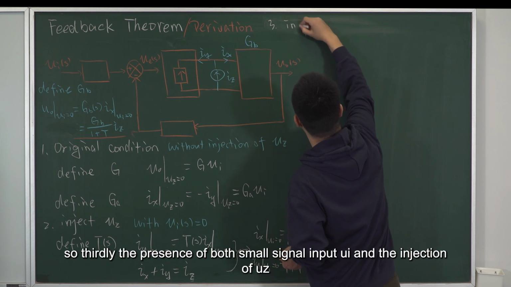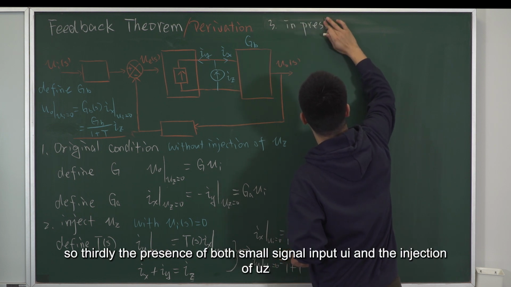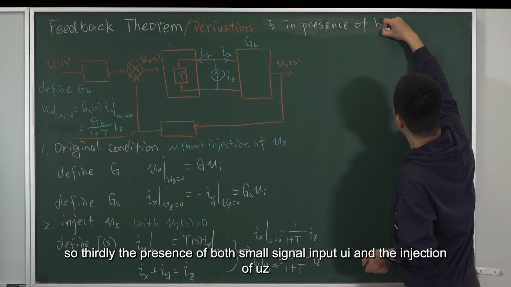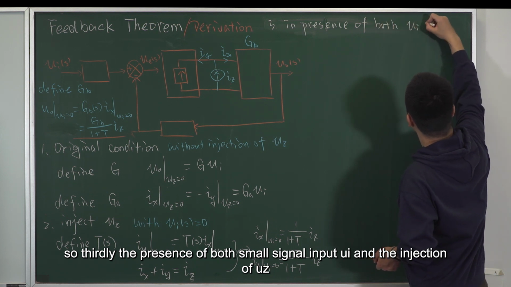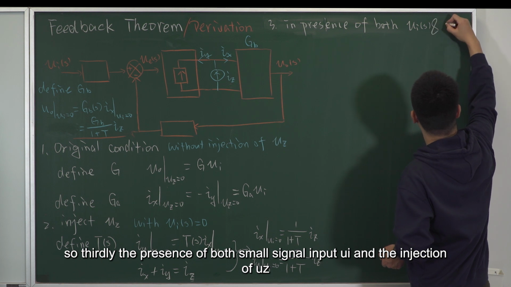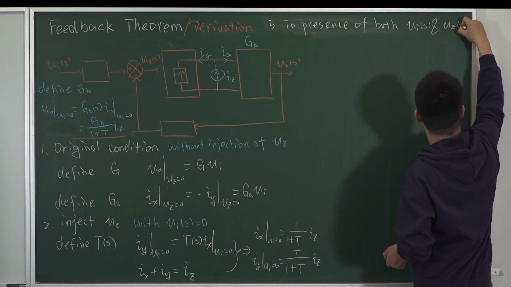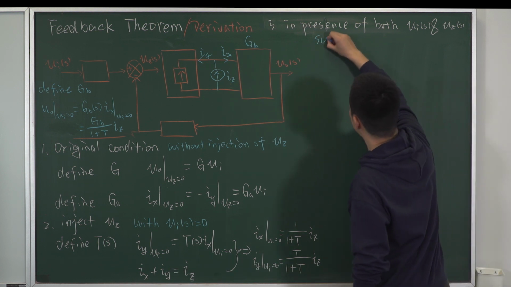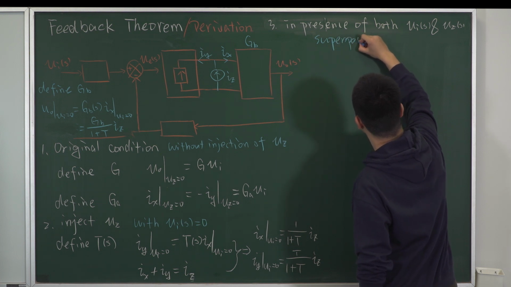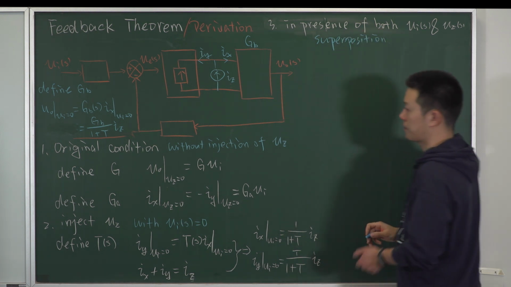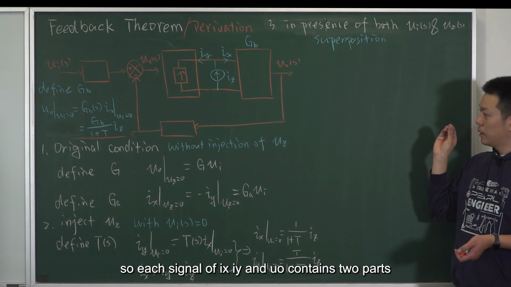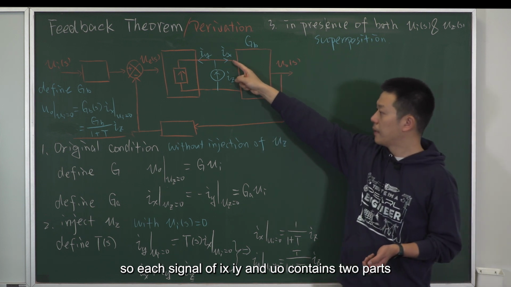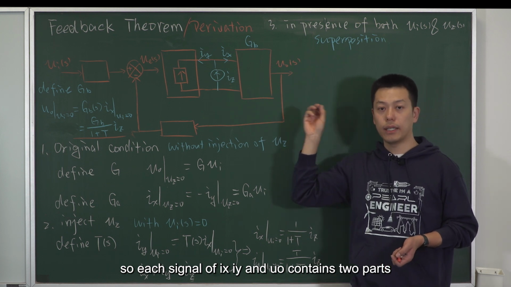So thirdly, in the presence of both small signal input UI and the injection of UZ, we can apply superposition. So each signal of Ix, Iy, and Uout contains two parts.